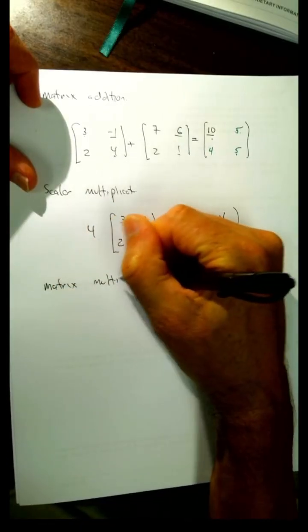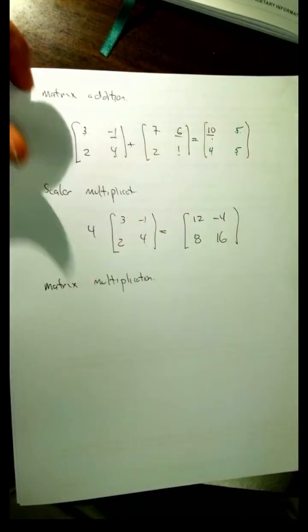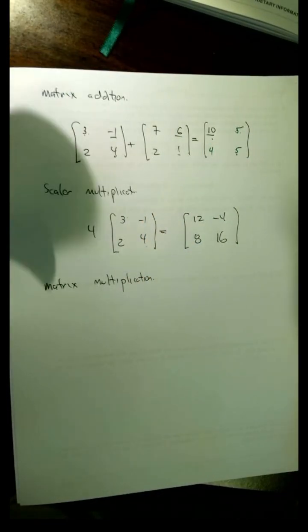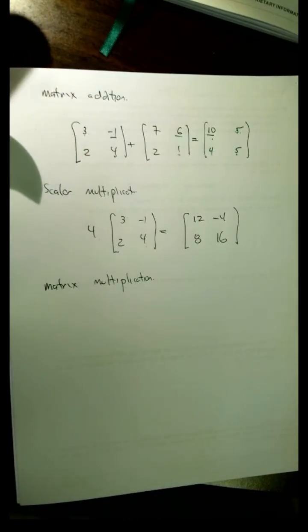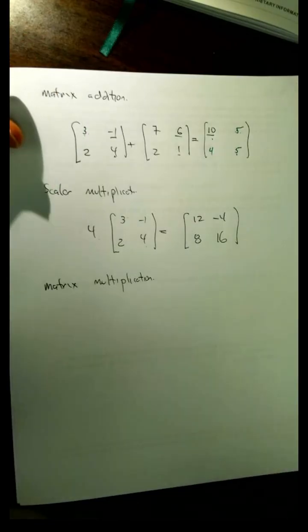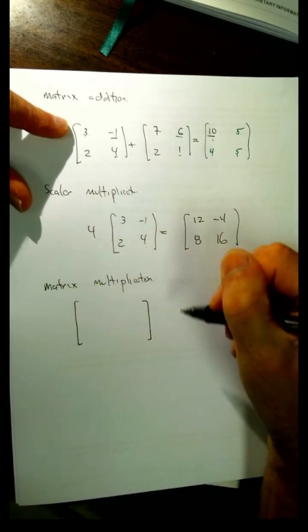Now we're going to define something called matrix multiplication. This is just going to be a definition, and it turns out that this particular definition is extremely useful. It's going to be important to be able to look at a matrix.